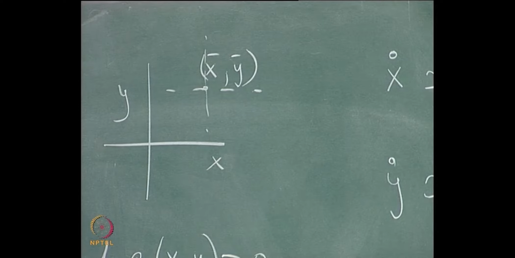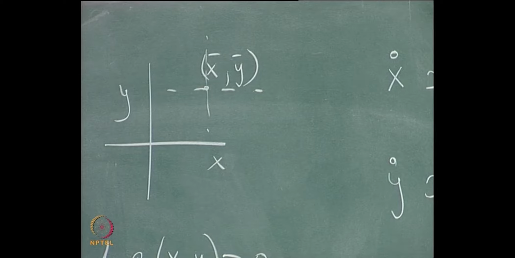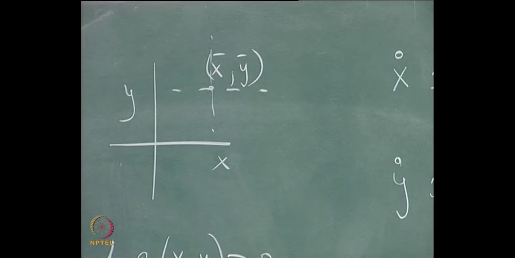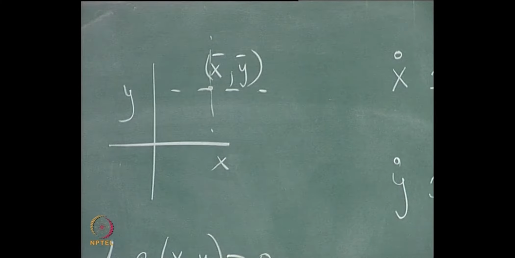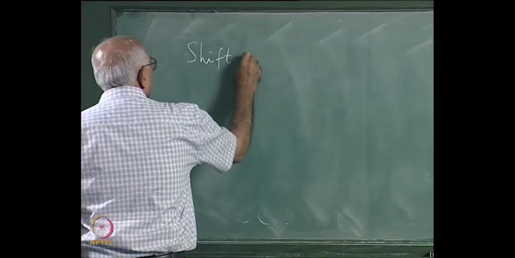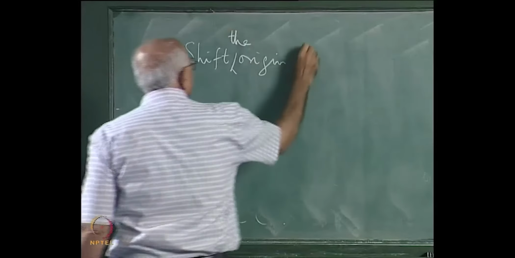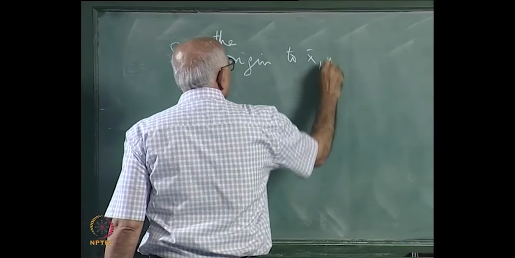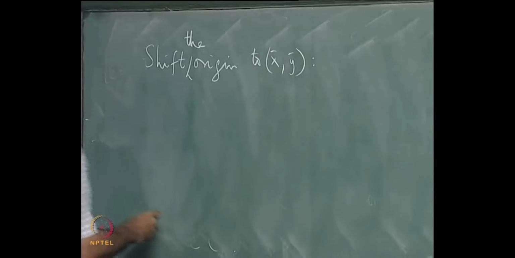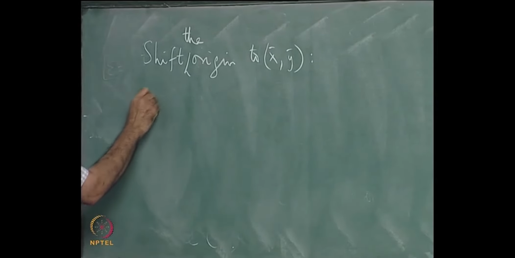Let us just shift origins there and use the same symbols, in which case the flow in the vicinity of the origin, so let us shift the origin to x bar y bar, looks like this.